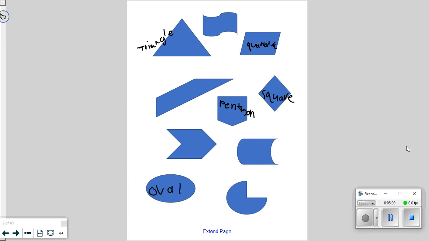Now, some of you guys immediately knew that triangle was a triangle, and then you immediately knew that oval was an oval. What clues were you looking at? Because it didn't say, hello, I'm an oval.